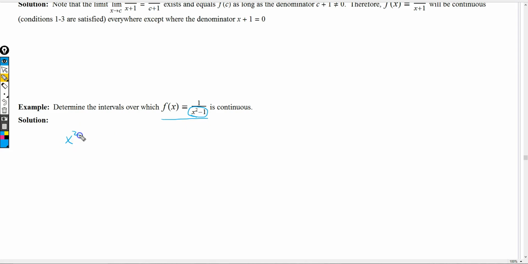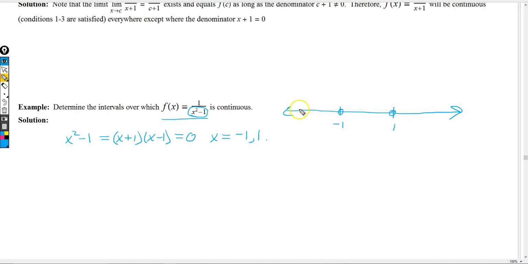So if we set x squared minus 1 equal to 0, note that this factors as x plus 1 times x minus 1. And of course, if we set that equal to 0, we get x equals negative 1 and 1. So our function will be continuous everywhere except at these points. So we have to exclude them from the real number line.